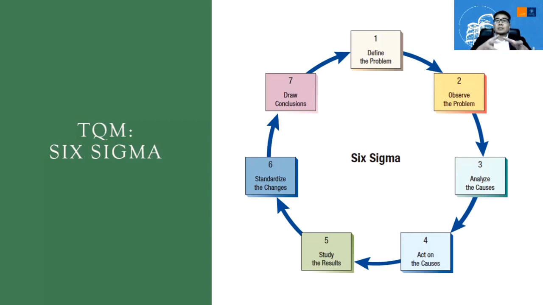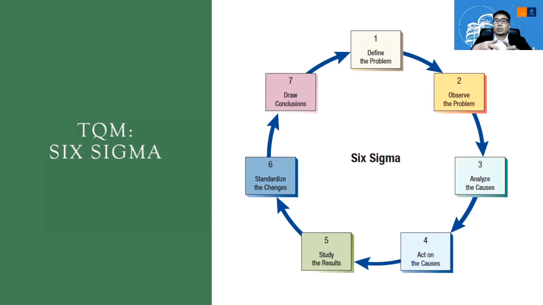Then afterwards, we need to observe the problem in order to understand the behavior of the problem. And if we already understand the problem, then we can analyze the cause of the problem. Once we know the cause of the problem, then we can act on the causes, so we can try to find solutions to the problem because we know why the problem exists.